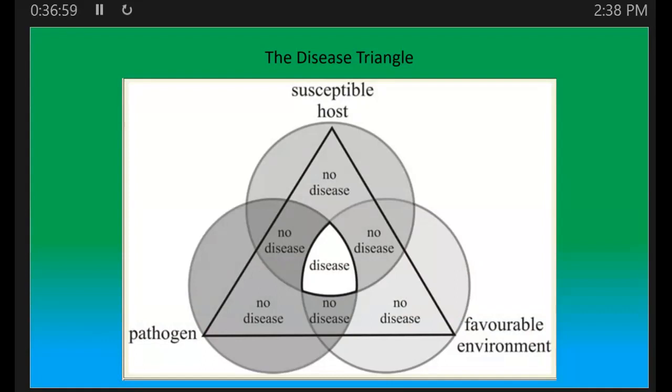If you have all three, they all converge and you end up with disease. But if you don't have all three, then you won't get disease. This is a very simplified way of thinking, but basically the point is that you have to have all three in order to end up with disease with your plant.